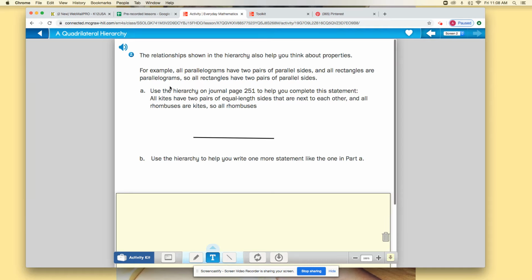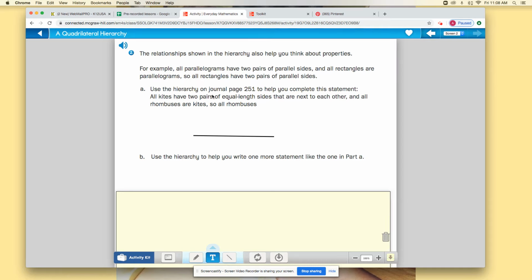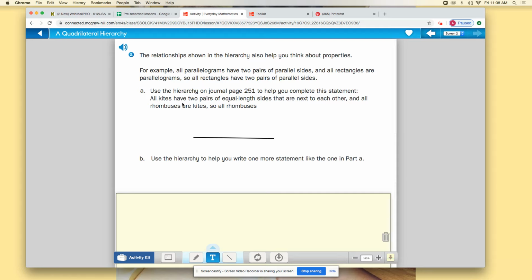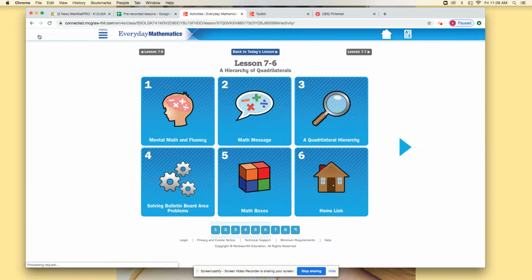If all kites have two pairs of equal length sides that are next to each other, and all rhombuses are kites, all rhombuses are blank. Think and look at the properties to help you think what you could use to complete this statement.